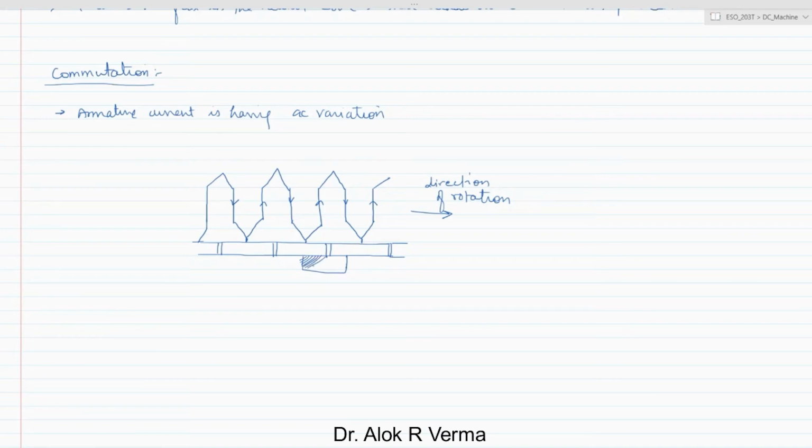This is the brush position. If you see clearly, this loop gets shorted. So that current which is coming here and this current which is coming here will go in this direction.